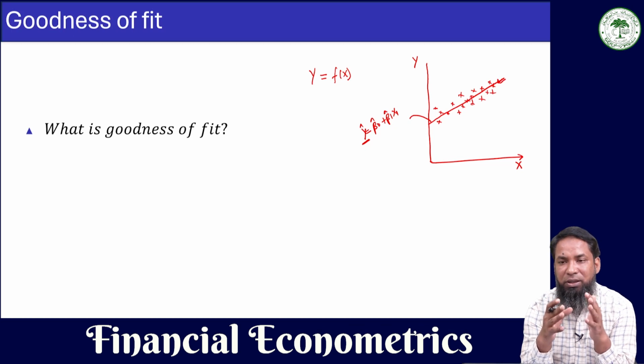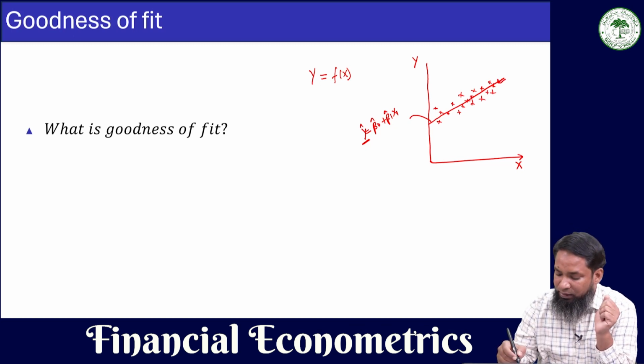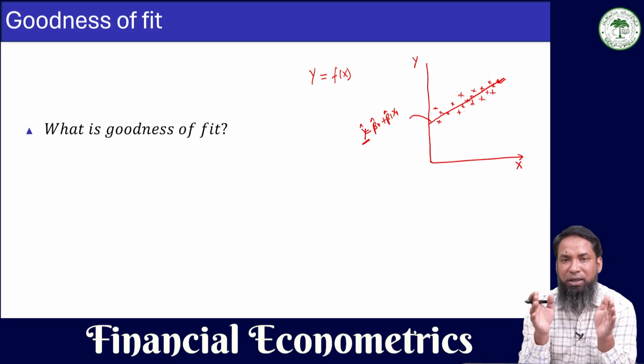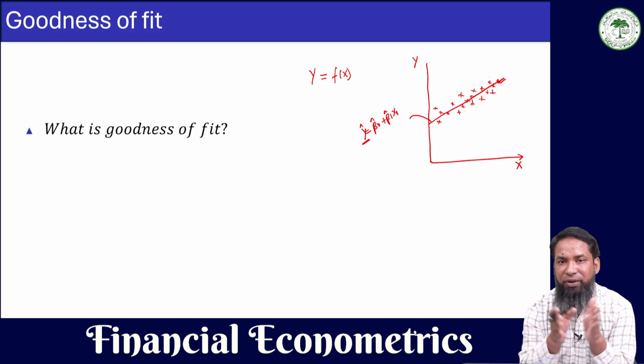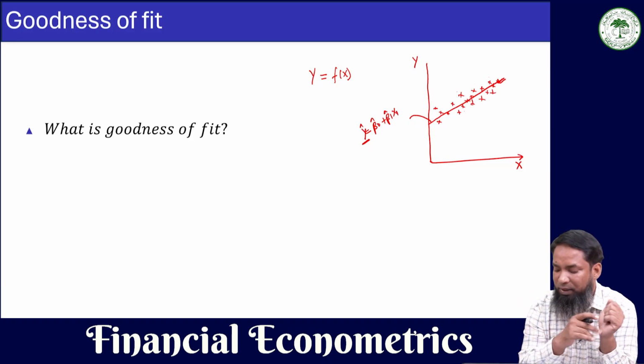When we say fits the data, we basically mean how much variation there is among these sample observations from the estimated regression line. If there is less variation, it fits well. If there is large variation, the fit is not good.